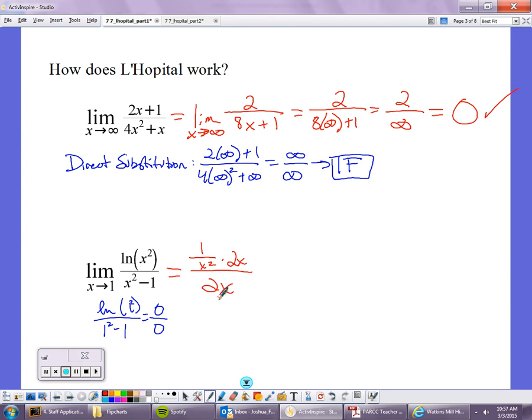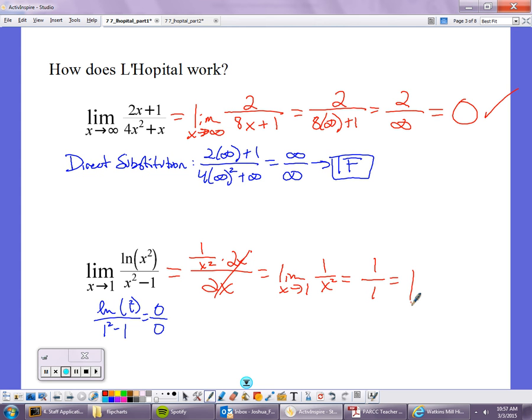At this point, I could cancel these out. I get the limit as x goes to 1 of 1 over x squared. Now I can use direct substitution, right? Because I get 1 over 1, which is just 1.